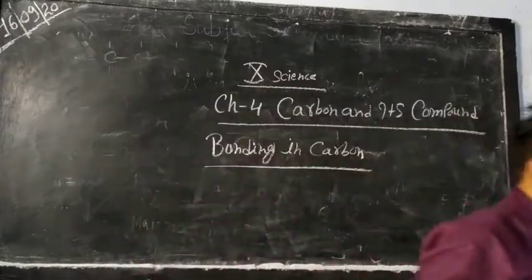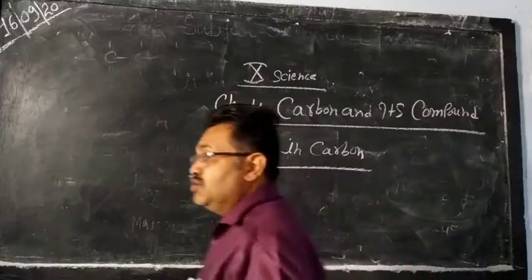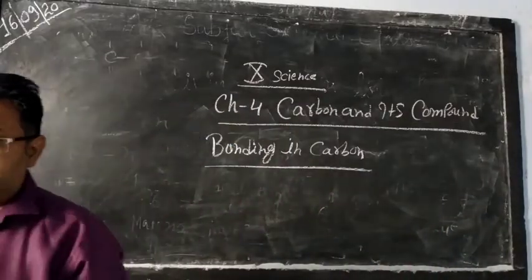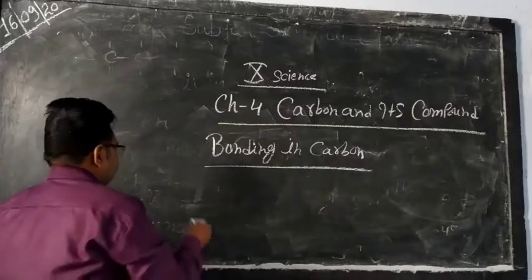Bonding in carbon means how carbon forms bonds and forms new compounds with other elements. So the bonding in carbon is mostly covalent. What is covalent?